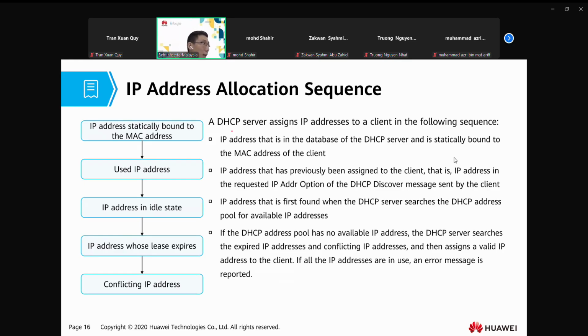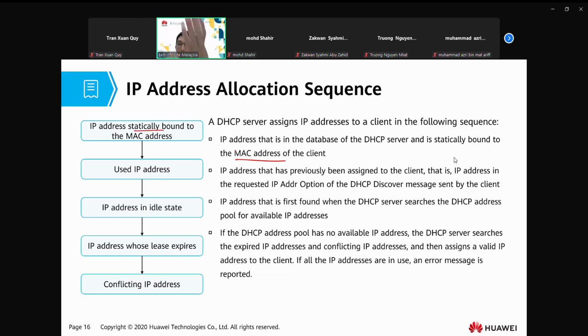So this is how the DHCP server assigns IP addresses. The flow chart: first, let's say we start with a clean client, connecting to the network for the first time and sending a DHCP discover to the server. Since the server knows the MAC address of the terminal, it will look for whether any IP address is reserved or statically bound to this MAC address of the client.